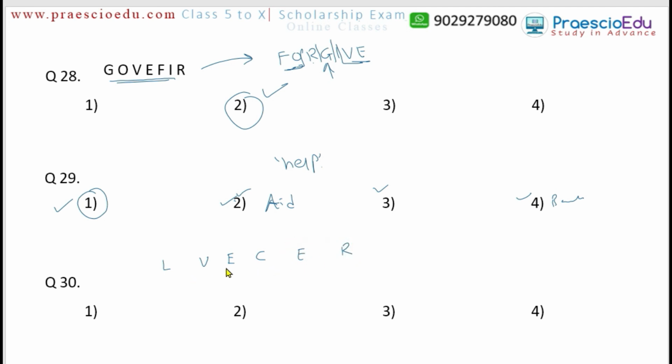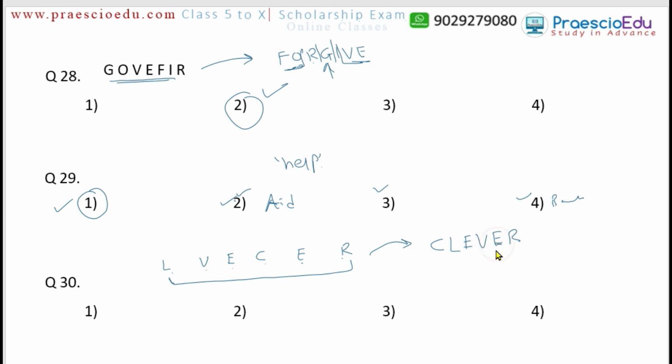Now if you see, L, V, E, C, E, R: these are the letters we got from the given words after choosing the second letter. We have to form one meaningful word. If we try to make a meaningful word, at the end we get clever. C-L-E, then V-E-R.